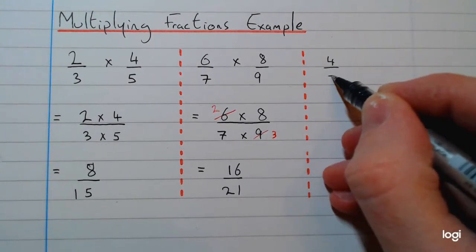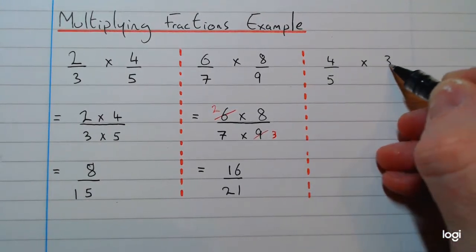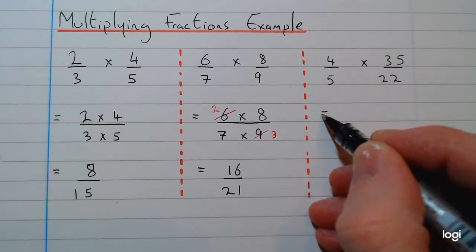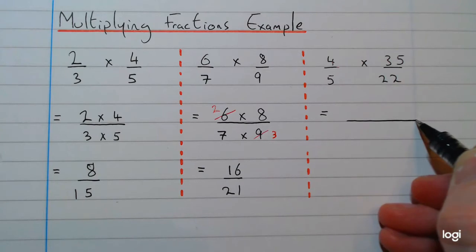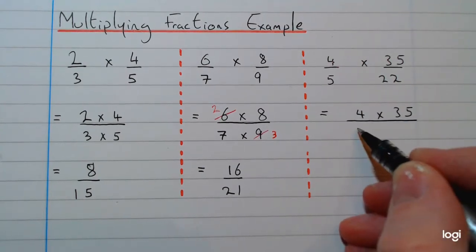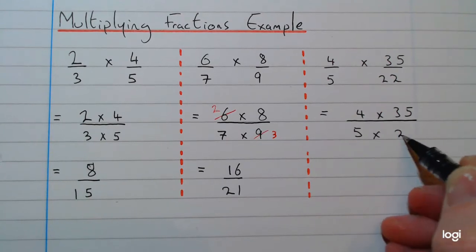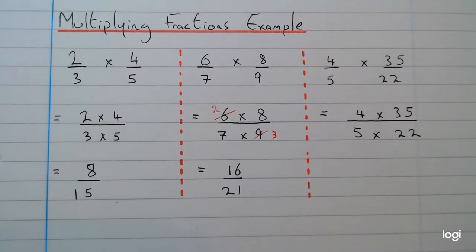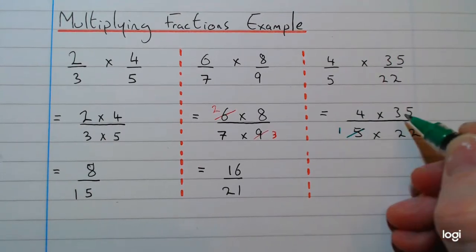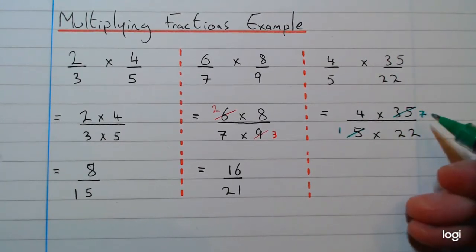You can only simplify fractions like that if you can cross off a number on the top and the bottom. Now if I look at this one, 4 over 5 times 35 over 22. There's a lot of large numbers there and I don't really want to multiply them all, so I'm going to try and simplify them first. So again at the top I've got 4 times 35, 5 times 22, and if I look closely, some of those numbers simplify. I can see that 5 and 35 are both divisible by 5.